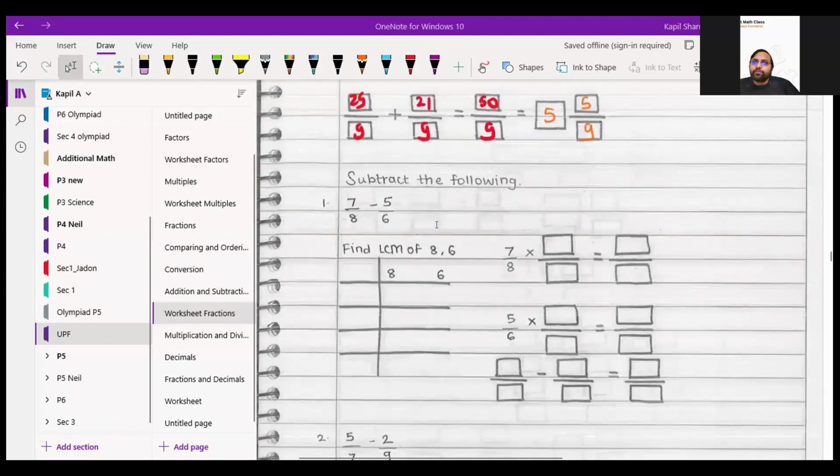Now, next is subtraction. So, it's similar to addition. Okay, so here again, we need to make the denominator same. Convert these fractions into equivalent like fractions. And then simply subtract the numerators. Okay, so I'll do the first one. So here denominators are 8 and 6. So we'll find the LCM of 8 and 6.